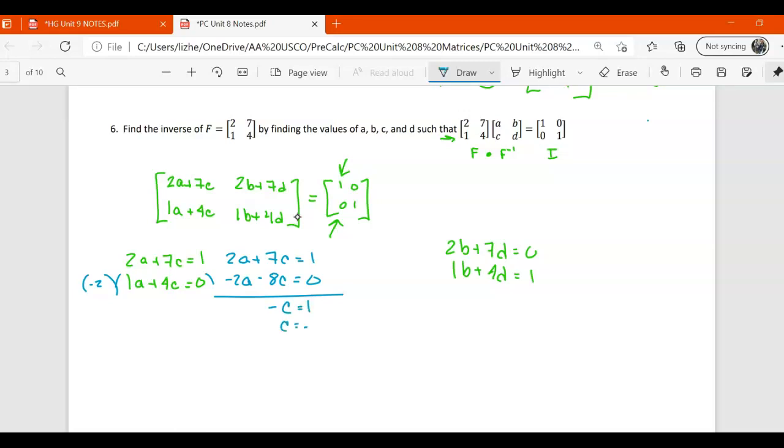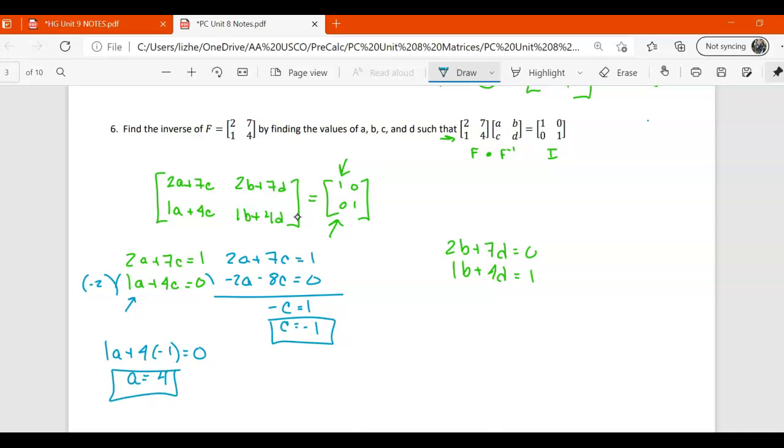And so C is a -1. And I have one of my numbers. All right, once I know one of those, I can put it in there. I'll just put it into the bottom one. So 1A plus 4 times a -1 equals 0. So A equals 4. And there's another number.